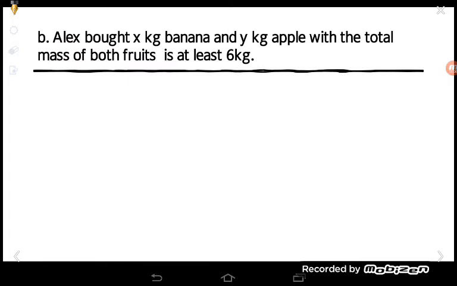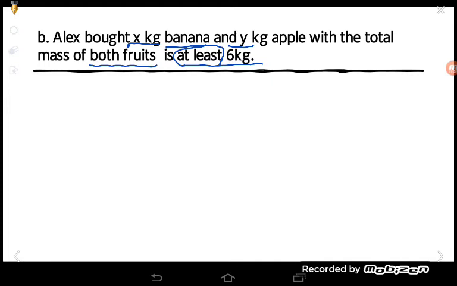Okay, next, Alexander. He bought X kilograms of banana and Y kilograms of apple. This one is given already, your variables X and Y, with the total mass of both fruits at least 6 kilograms. This word at least is very important.